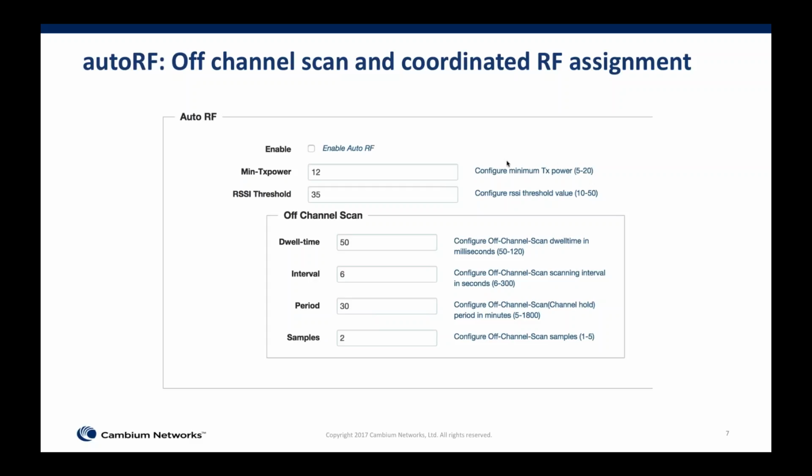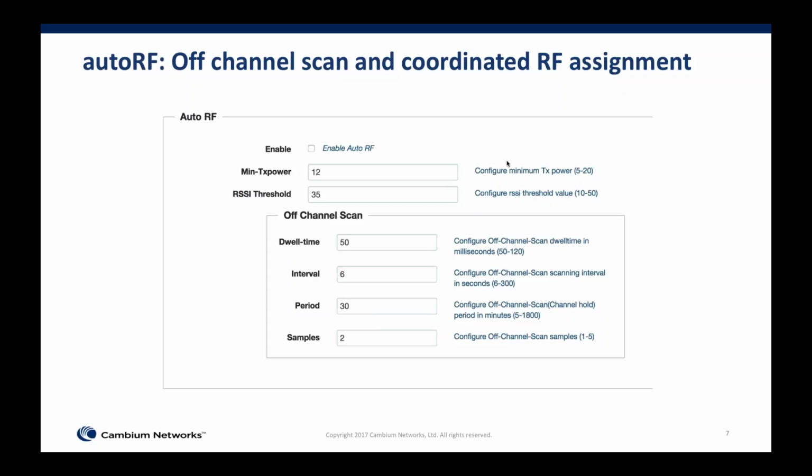Sure, Chetan. So until 3.2 release, the APs used to support auto channel assignment. While the AP would scan all possible operating channels and pick an optimal channel to operate on, transmit power was something that the AP was not able to limit on its own. Now with autoRF, we also get the ability to have the APs set an optimal transmit power, and the access points do this by monitoring their neighbors.